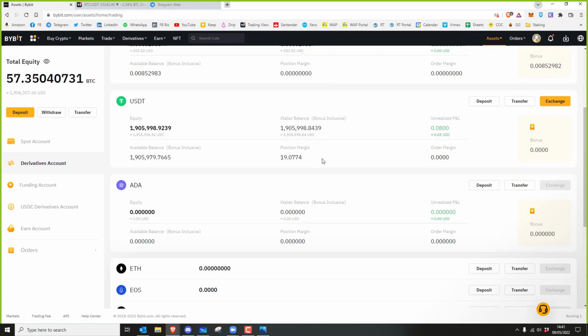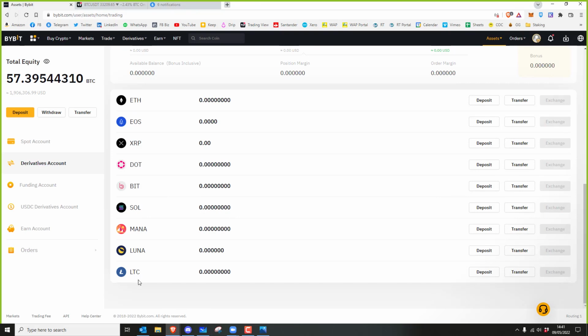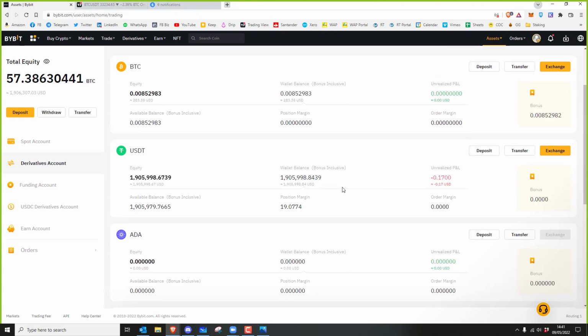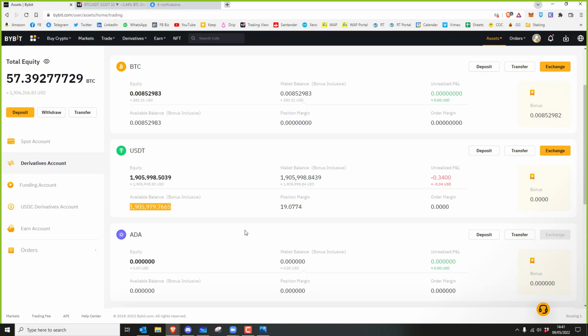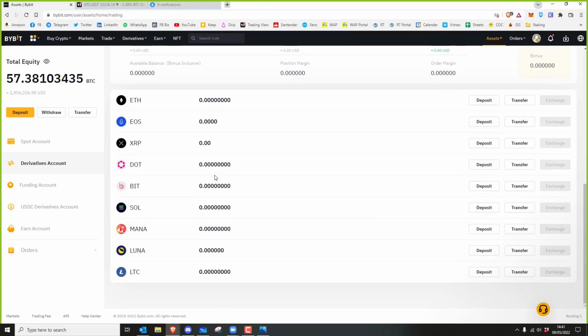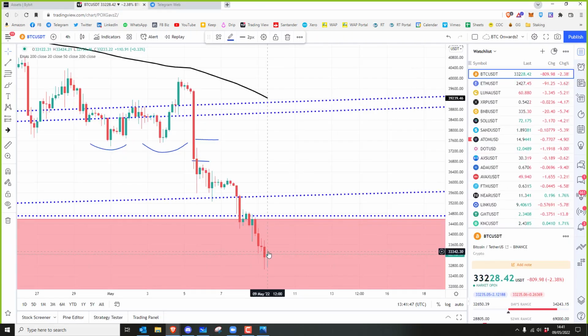Well, in the future, if I don't want so much tether just lying around doing nothing, and I want to optimize my money as much as possible and have as much in these inverse accounts instead of the tether one, I could, one, take away a lot of the surplus that I don't need, but two, instead of 5x leverage, do say 10x leverage. So I don't actually need that much money. That way I can get more of my money working for me and still trade the same way. So that's what I will do in a confirmed bull market, not anytime soon.